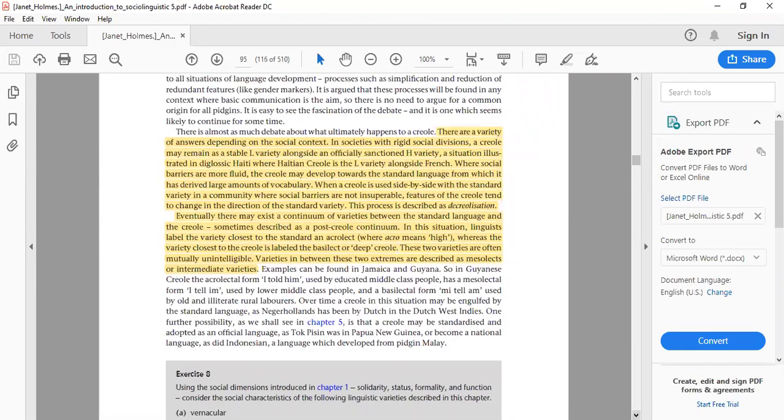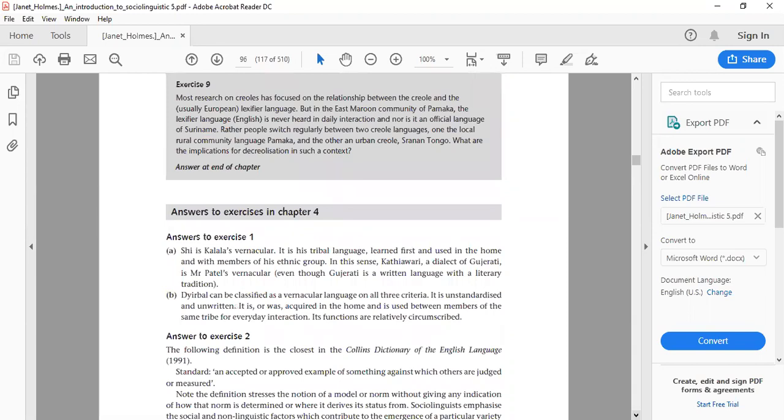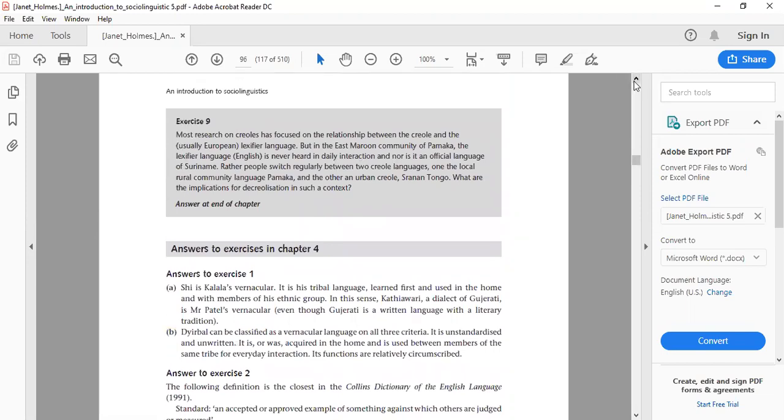The next page, ma'am. The same page, this one? Maybe you receive it late, or something like that.